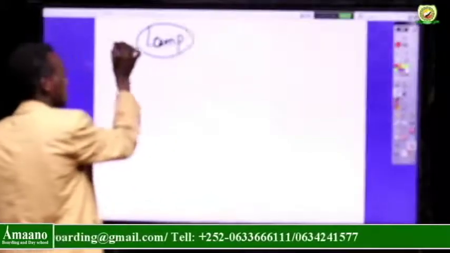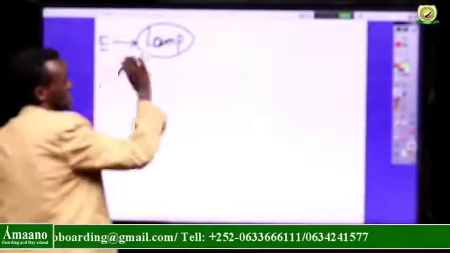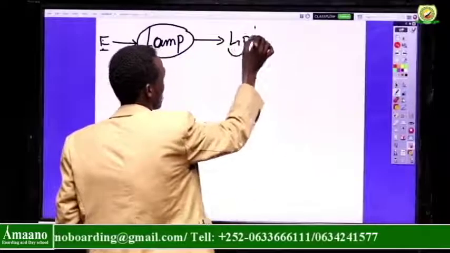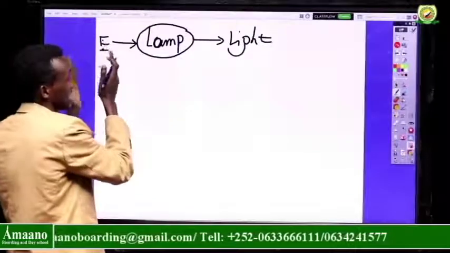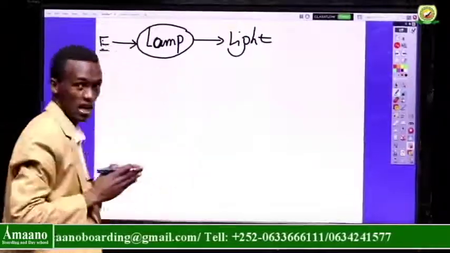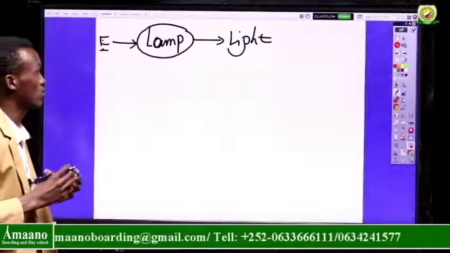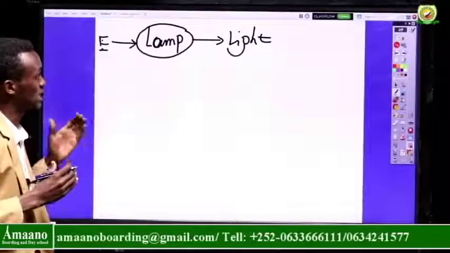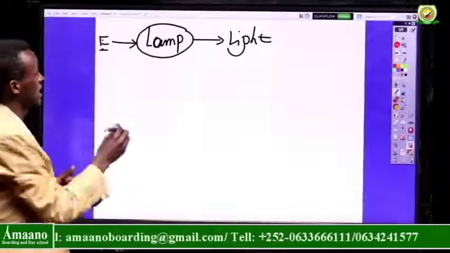The input energy is electrical energy, and it converts into light energy. So electrical energy is converted into light energy. That is one proof that light is a form of energy.